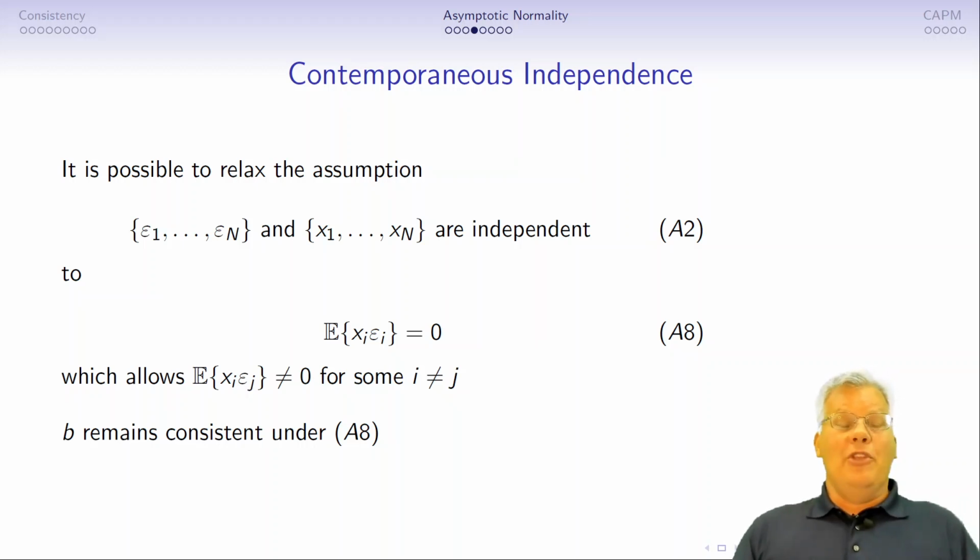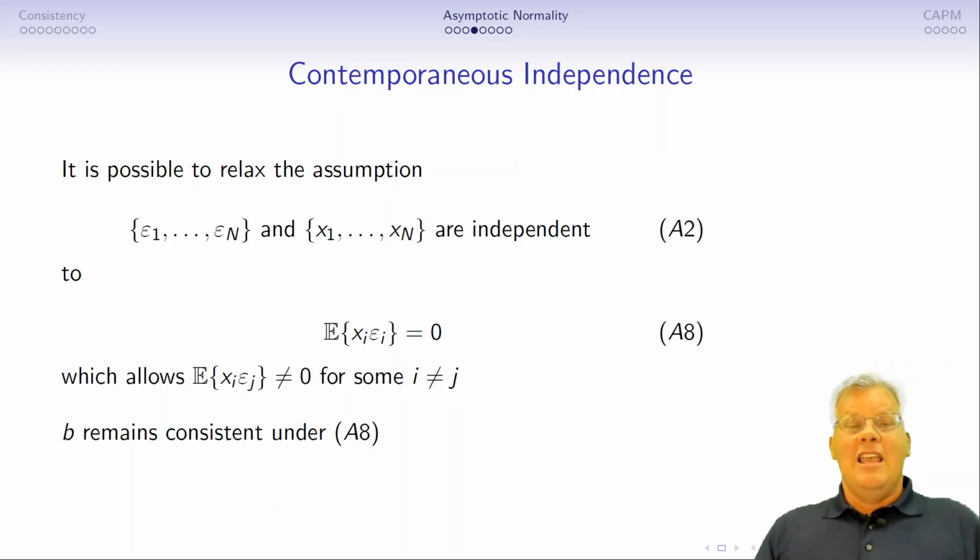One example that comes to mind in macroeconomics or empirical finance is that it's quite common to include the lagged dependent variable as an explanatory variable. So, for instance, if we had an equation explaining the level of gross domestic product, one explanatory variable might be gross domestic product in the previous year.